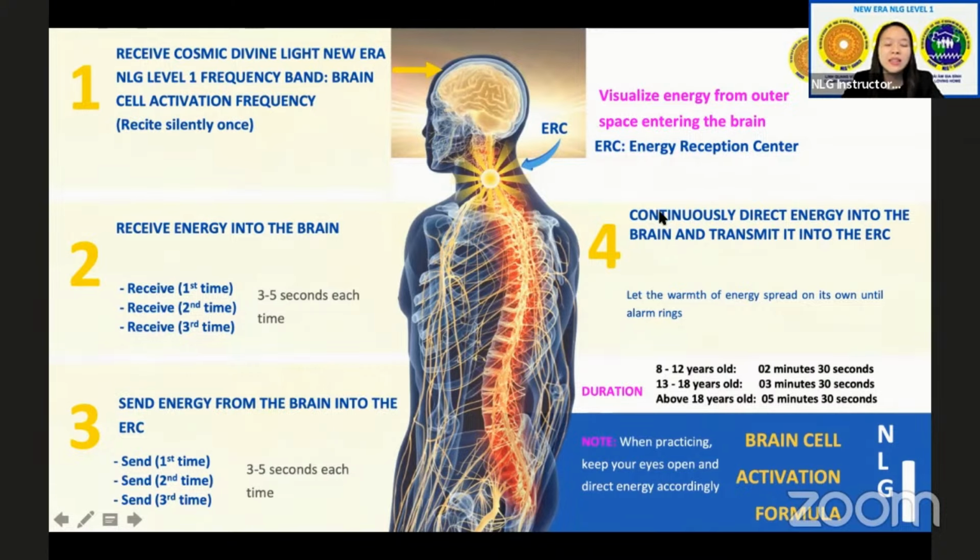She realized that by the time she gets to step 4, she needs to continuously direct energy, which was not what she was doing before. After reciting it, she thought that was over, and she just sat there for the remaining time. But that is not true. So remember that when you get to step 4, that is an ongoing process, and you direct energy until the alarm rings.